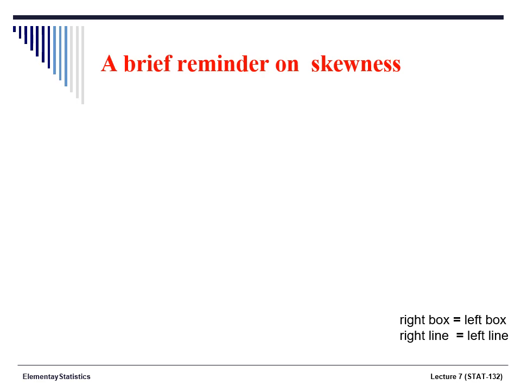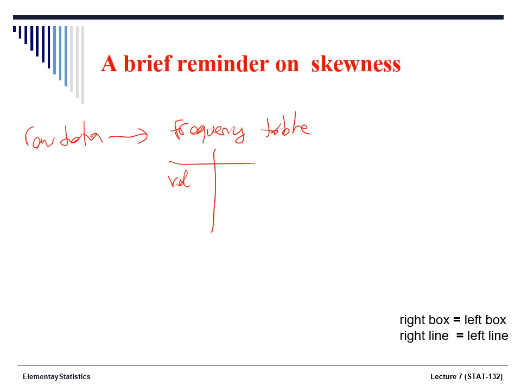Now I want to talk about box plots and skewness, but before this I want to remind you about the skewness of distributions. If you remember, we have raw data, and then from the raw data we make a frequency table. Here we have the values, we have the frequencies here, and then from here we make a histogram.